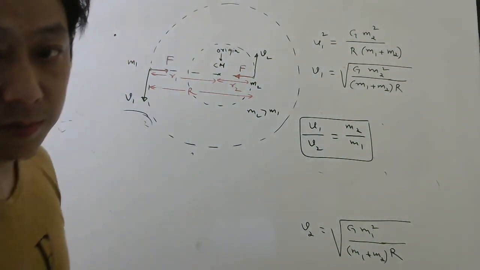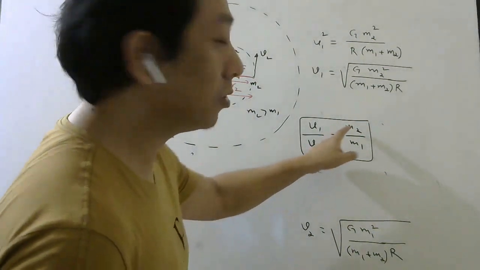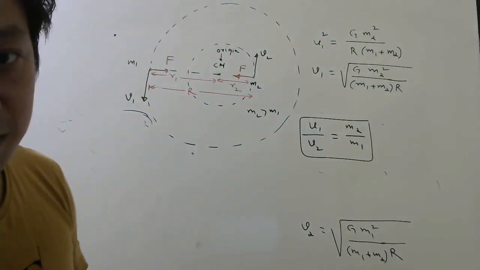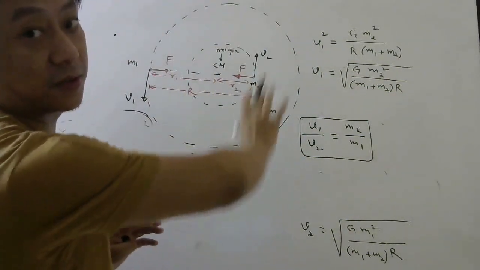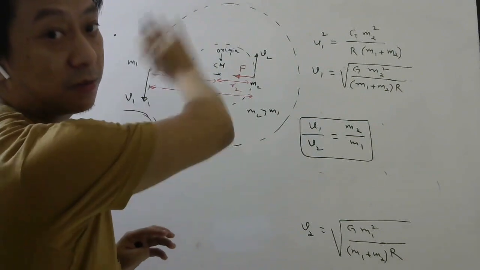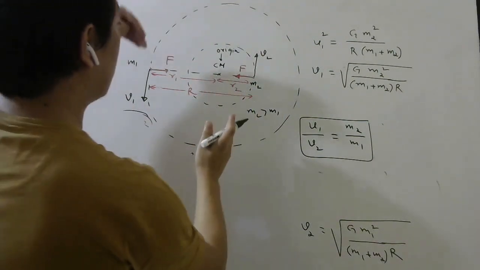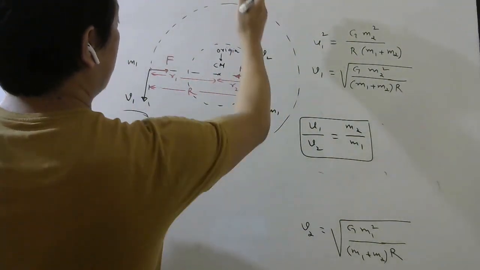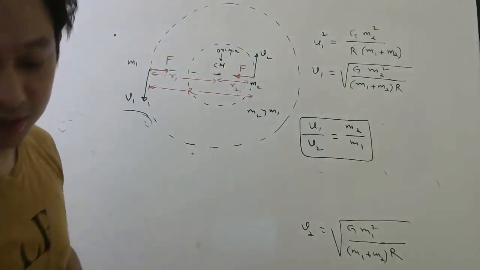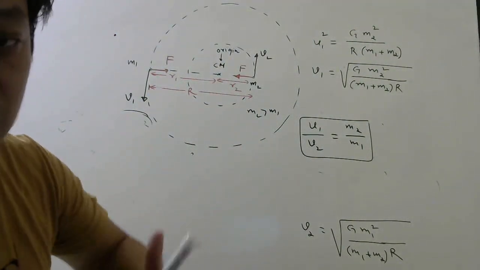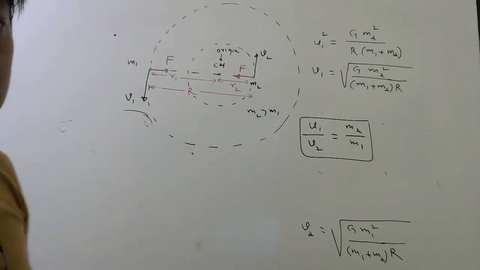Which is correct only because m1 v1 must be equal to m2 v2. Why? Because total momentum of this system must be conserved. If one has positive momentum, the other should have negative momentum, if there are no external forces. So if they start with zero momentum, they should have zero momentum later also.